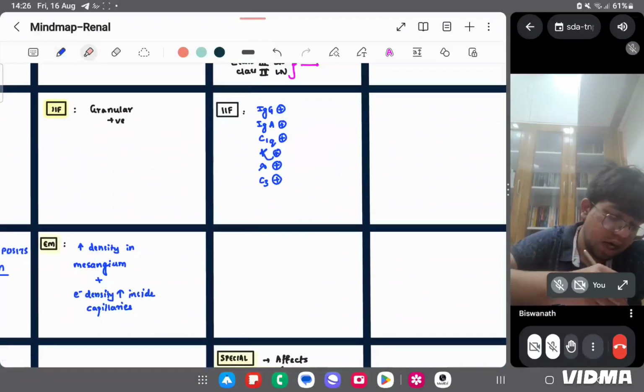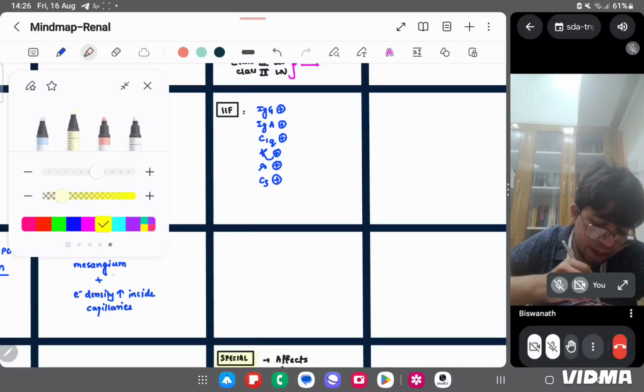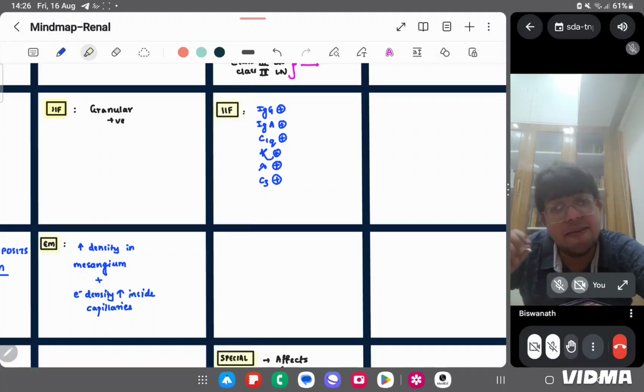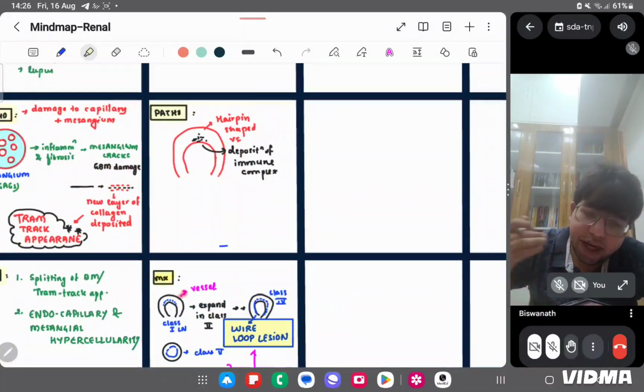Talking about electron microscopy, there is subendothelial electron density. Why? Because it is occurring beneath the endothelium, right?